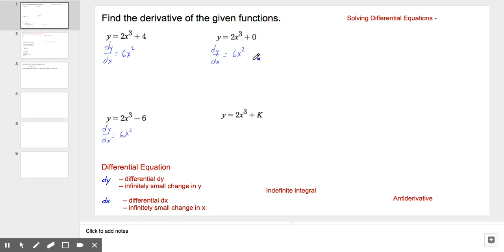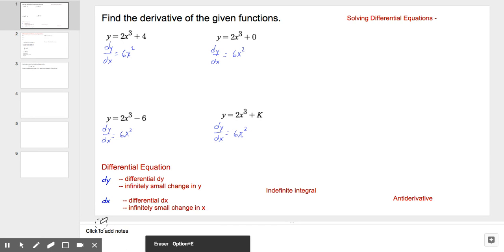Derivative of 0 is 0. Dy over dx is equal to 3 times 2 is 6. X cubed becomes x squared, plus the derivative of k, there's no x, therefore it's 0. It's a constant. K is a constant. So we don't have to write that down here.